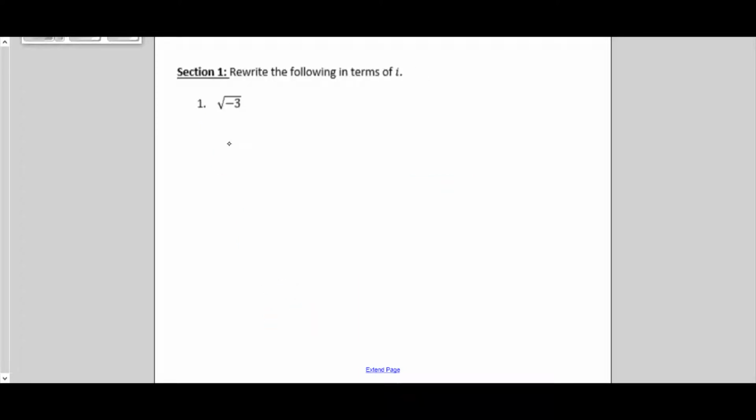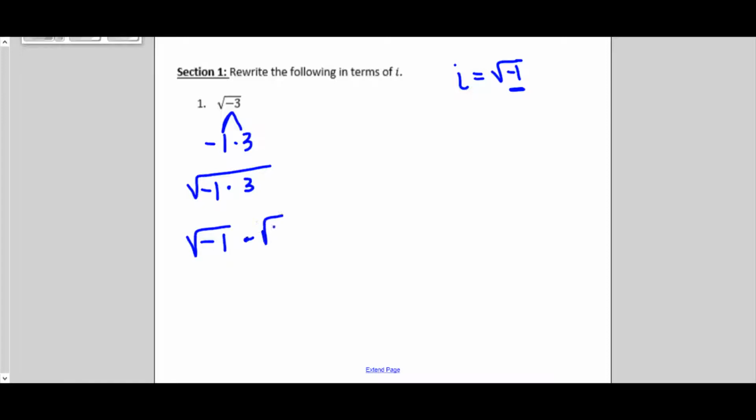So section 1, rewrite in terms of i. Remember, we know i is the square root of negative 1. So if I look at number 1, I have the square root of negative 3. We could break that up as negative 1 times 3, because I want to use this fact that i is the square root of negative 1. And then we could apply our product property of square roots, where the square root of negative 1 times 3 can be broken up as the square root of negative 1 times the square root of 3.